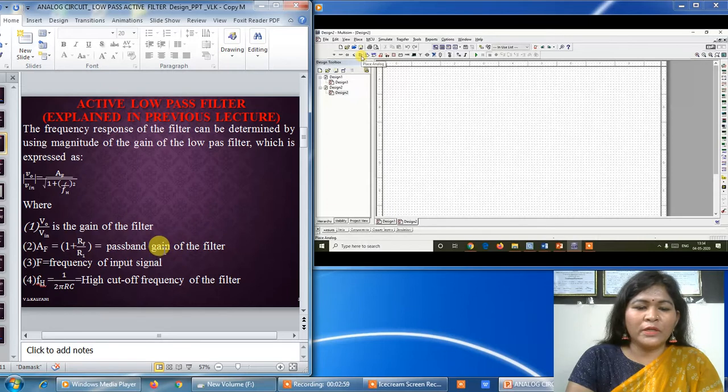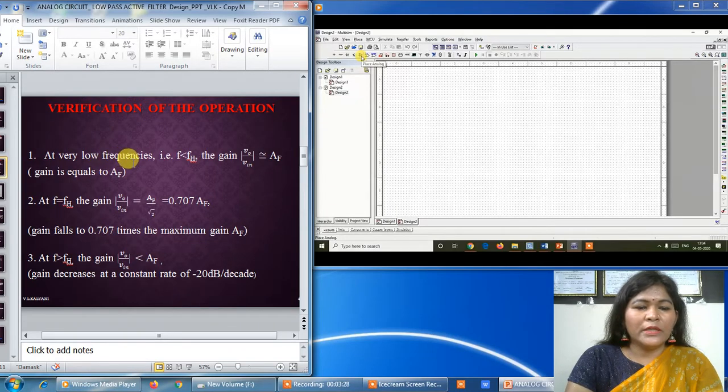So the supply is applied at the non-inverting input. F is the frequency of the input signal, and FH is the high cutoff frequency of the filter. Here FH is equal to 1 upon 2 pi RC.